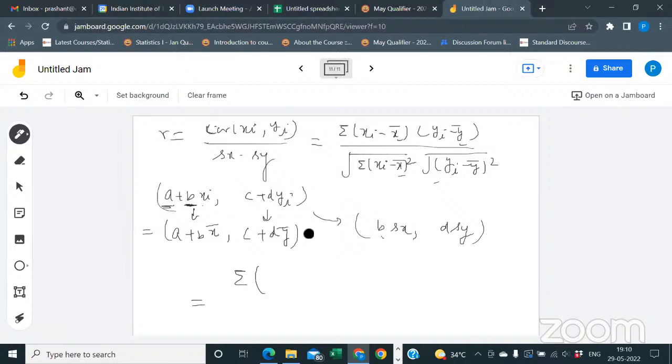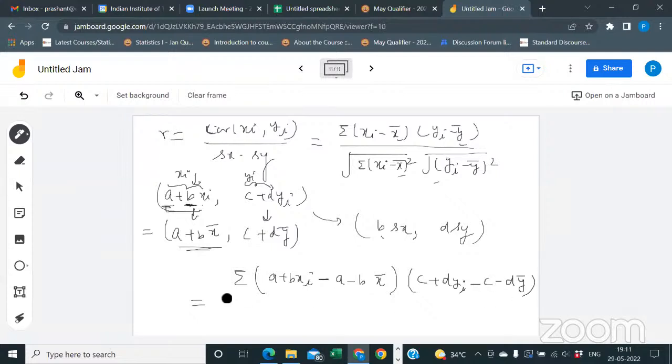So your xi is what? Xi means a plus b xi in total, and instead of yi, I have c plus d yi. So xi minus x bar means a plus b xi minus a plus b x bar, and yi minus y bar means c plus d yi minus c minus d y bar.